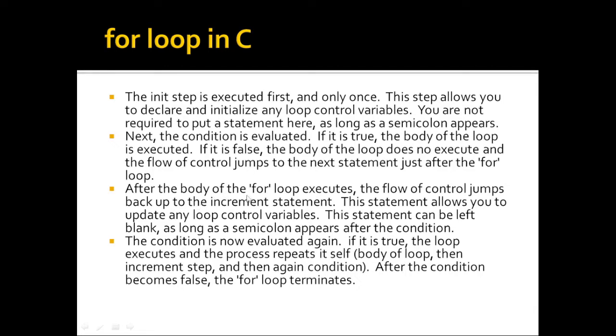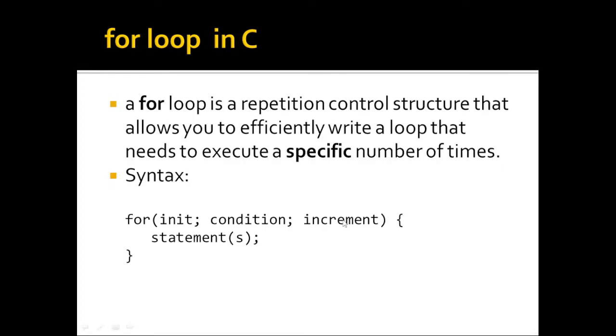After the body of the for loop executes, the flow of control jumps back to the increment statement. This statement allows you to update any loop control variables. This statement can be left blank as long as a semicolon appears after the condition. So I'm referring to this statement here.